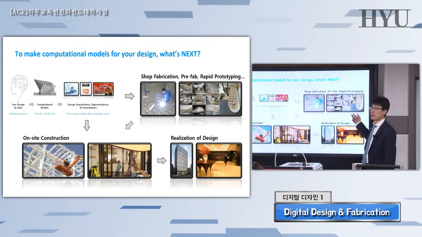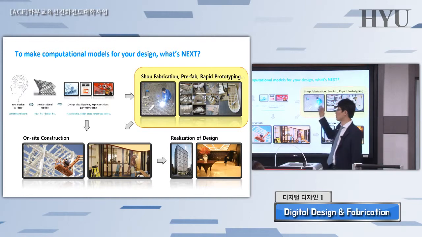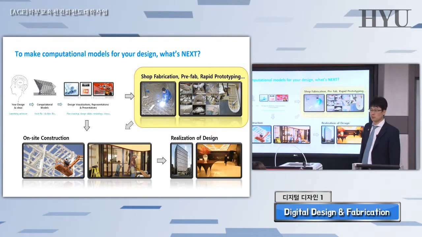Mostly handmade mock-up models, okay? So today's topic actually is here, fabrication, okay? Especially digital fabrication for rapid prototyping or mock-up models. Sometimes they are just mock-ups, but sometimes they can be installed on-site for realization of design, okay?